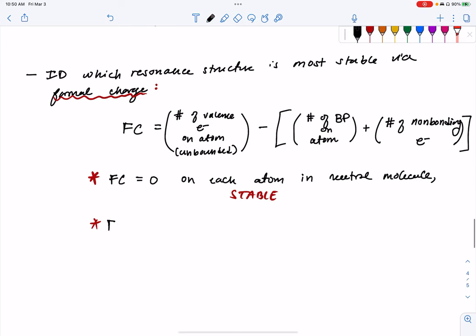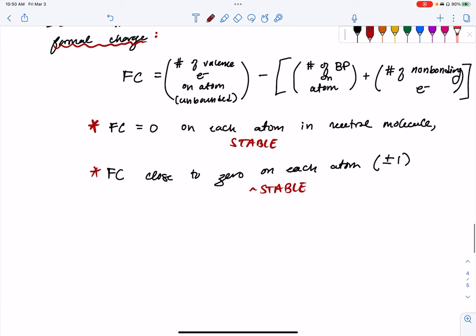If our formal charges are close to 0 on each atom, meaning plus or minus 1, then we are a little bit more stable.